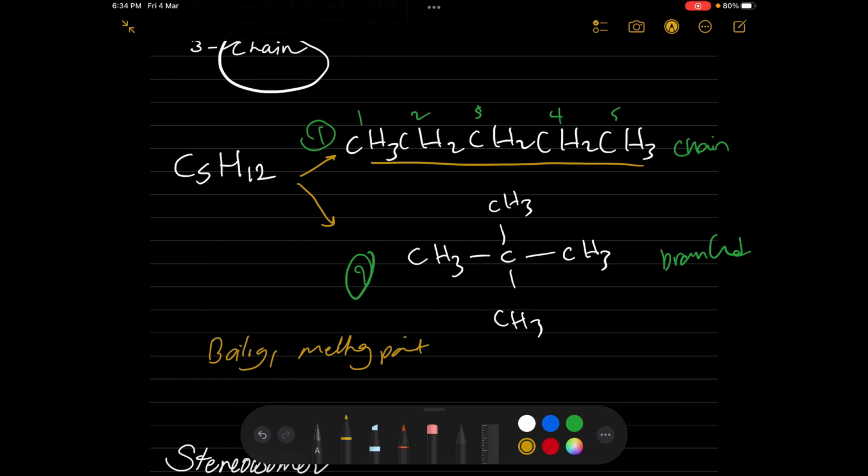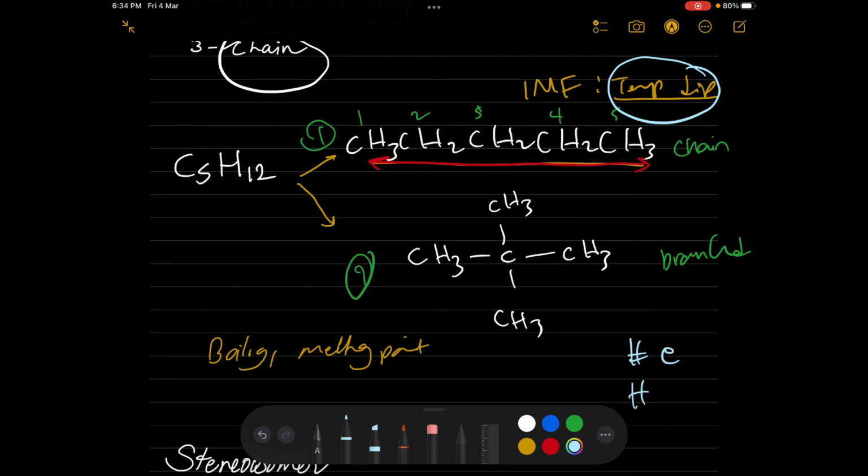So the only type of intermolecular force is temporary dipole, induced dipole, which is van der Waals, remember that. It's considered a weak bonding. And we remember that this type of intermolecular force depends on two things: the number of electrons and the length of the molecule.